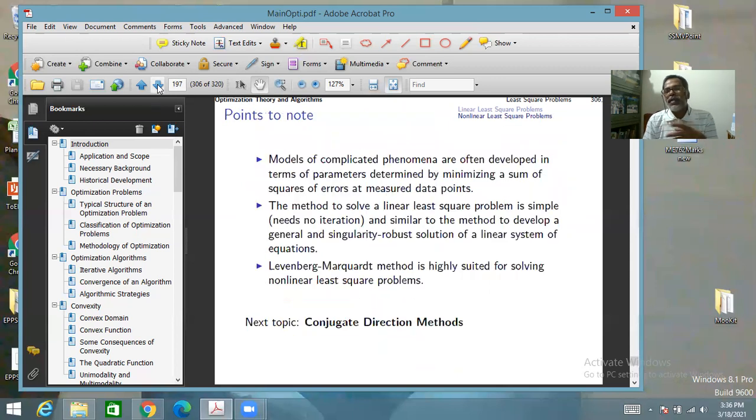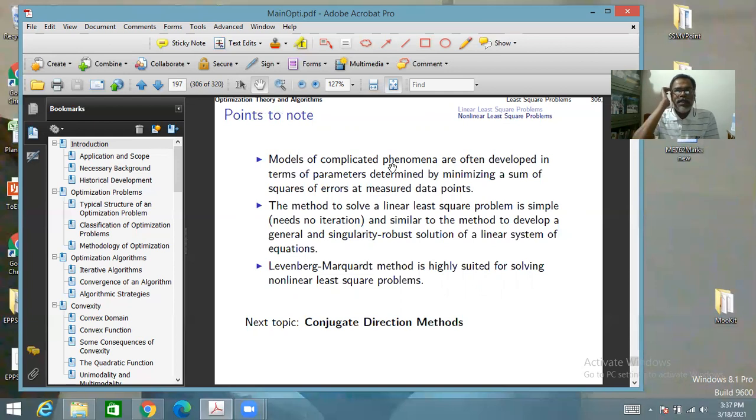So what we have seen in this particular lecture: first of all, what are least square problems? A tool to help modeling of complicated phenomena, in which, based on the physics and the subject matter of the problem, you decide on the form of the function, and in order to determine the parameters involved properly, you take experiments.